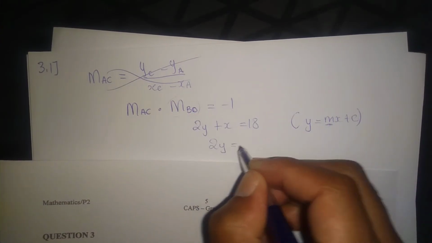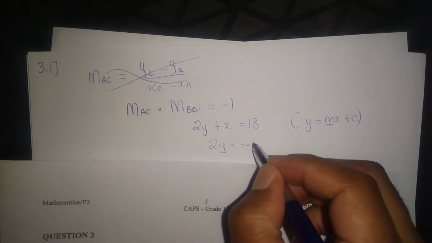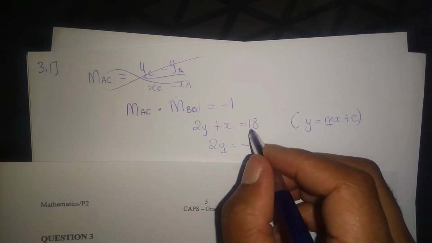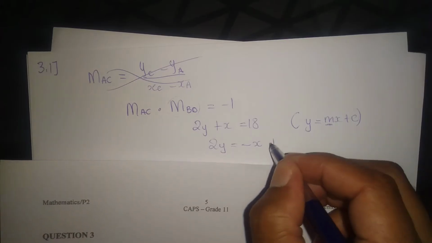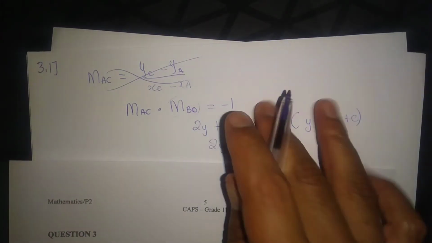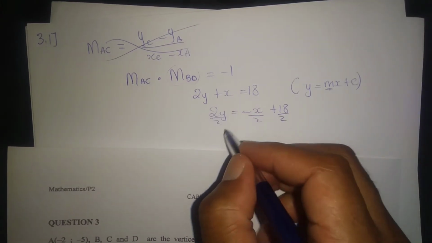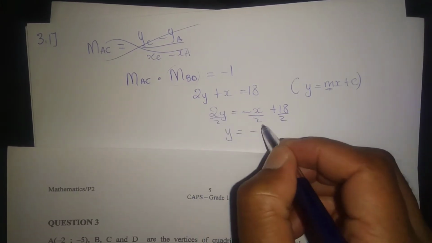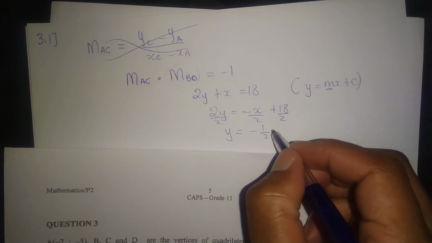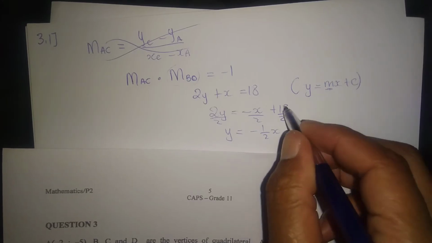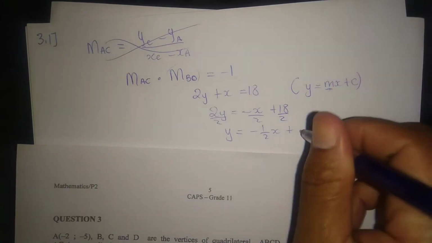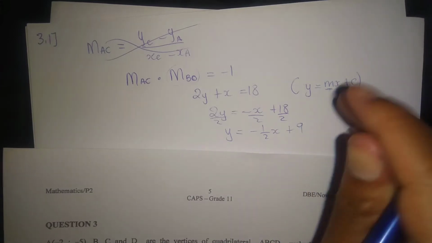So 2y, you are making y the subject of the formula, it's minus x. I'm transposing the x, so you get minus x plus 18, and then divide everything by 2. Y is equal to minus 1 over 2 x plus 18 divided by 2, which is 9.